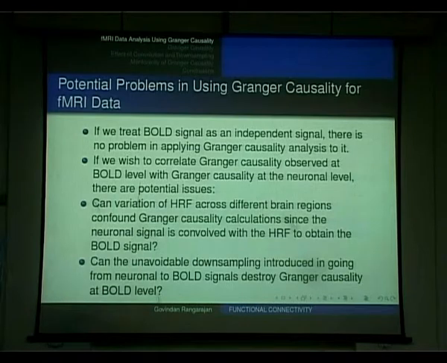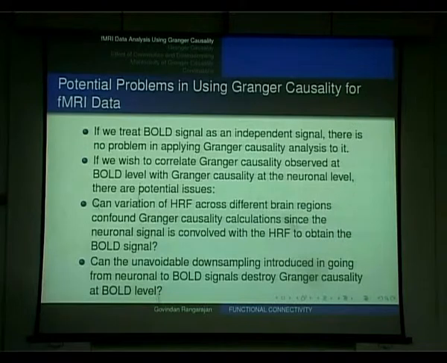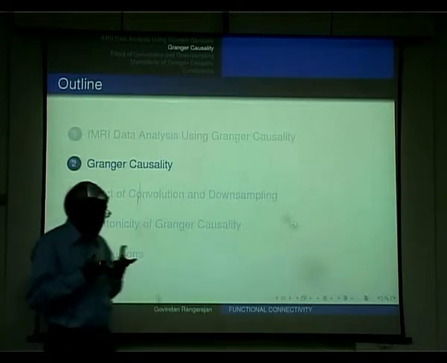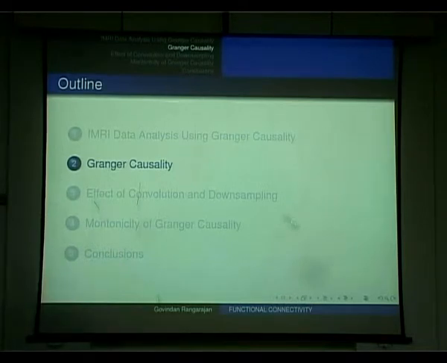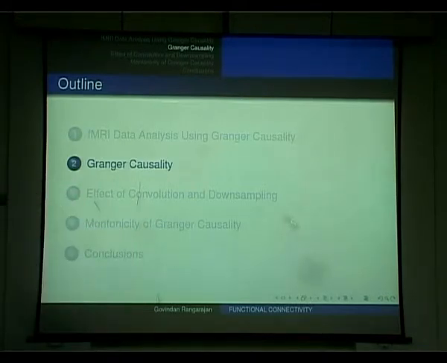So there is a lot of downsampling going on from what is happening at the neuronal level to what you are measuring using fMRI. As you shall see, that is again an issue. Now let me actually quantify what Granger causality is, and then you'll see how these two issues affect it: the hemodynamic response function varying across different regions of the brain, and the downsampling which is done when you go to the fMRI signal.